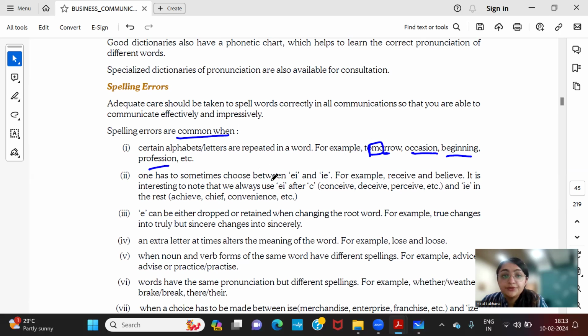Now there will be confusion even in the case of EI and IE. We saw the example of receipt for this. Then we saw achieve. Then we can have protein. Here, even though the pronunciation is the same, in some cases the E comes first, in some cases the I comes first.